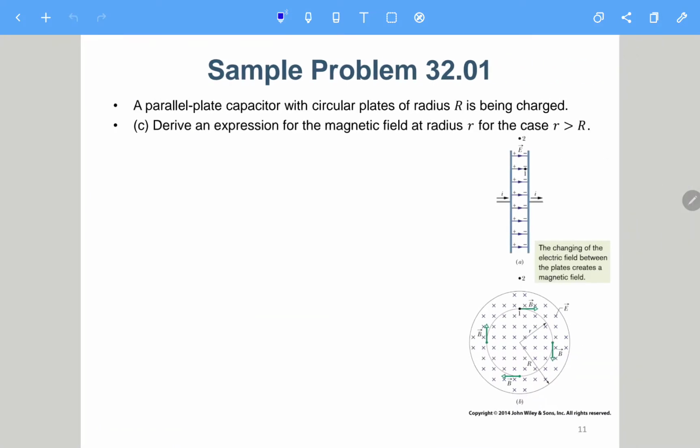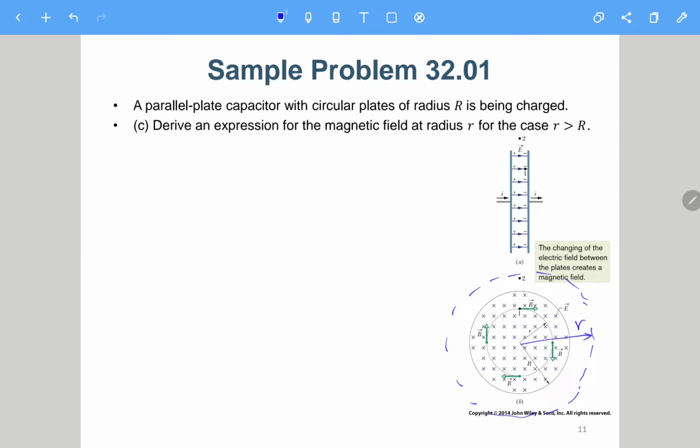Okay. So for part C, it asks you to derive an expression for the magnetic field at a radius r which is larger than R. So here we consider an amperian loop. This is the r.